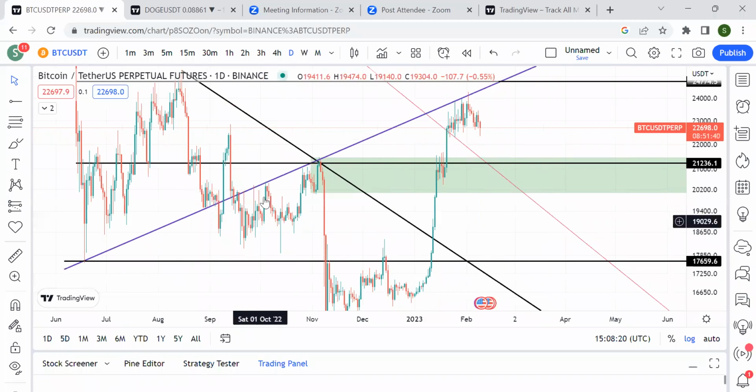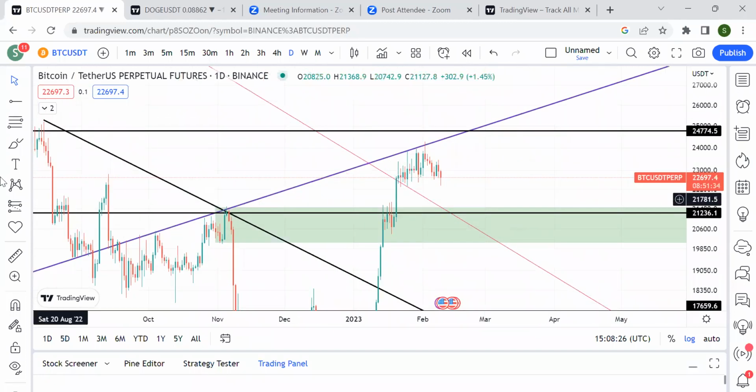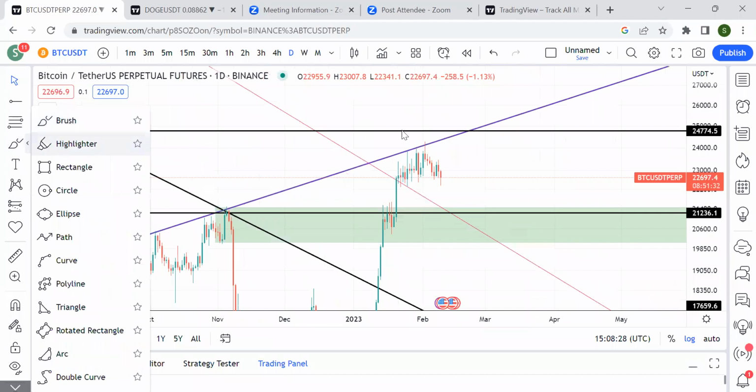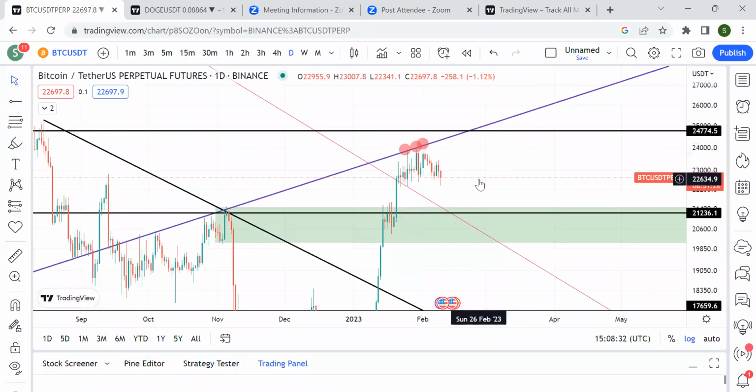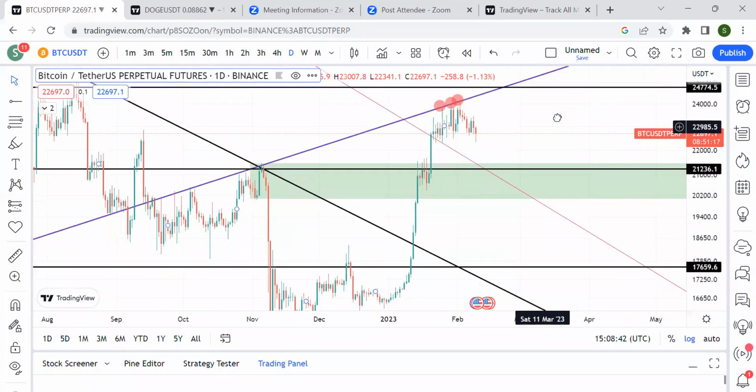Retest here, down, test, down, test, down, then again it is testing here, test, and it is not making any good move here or going above that level. So it is acting as resistance here.